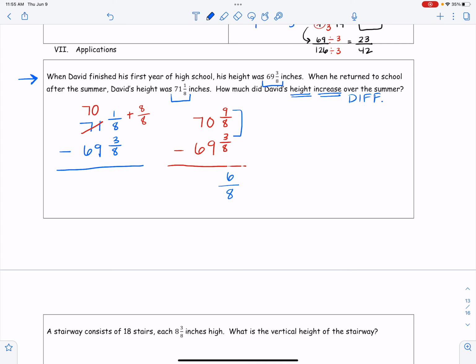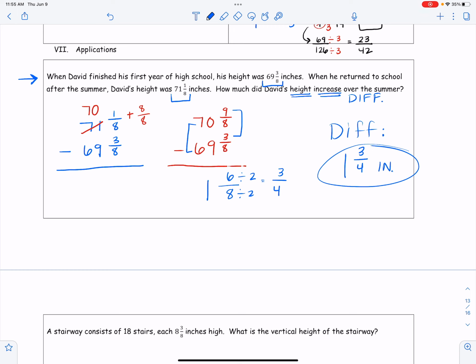You subtract your fractions, then you just come over here and subtract your whole numbers, right? 70 minus 69 is 1. And then if you can simplify your fraction, these are both divisible by 2. Right? You want to do that. And so what that tells me is the difference or the change in his height over the summer is 1 3/4, and the units are in inches.